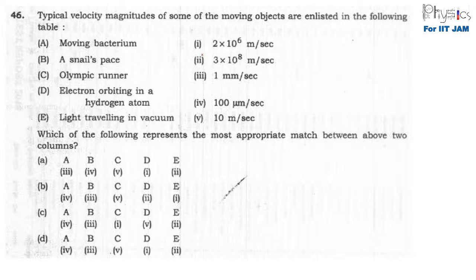The other column is: 1, 2 into 10 to the power 6 meter per second; 2, 3 into 10 to the power 8 meter per second; 3, 1 millimeter per second; 4, 100 micrometer per second; 5, 10 meter per second. Which of the following represents the most appropriate match between the above two columns?